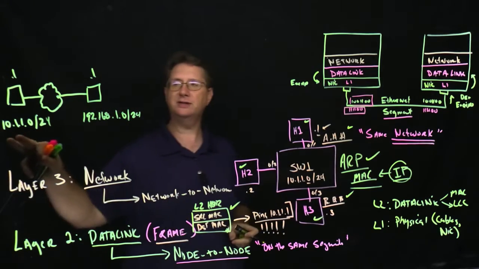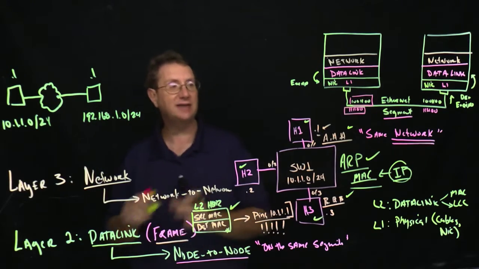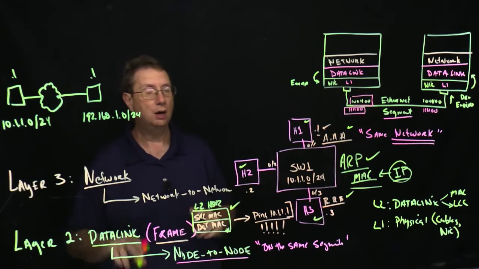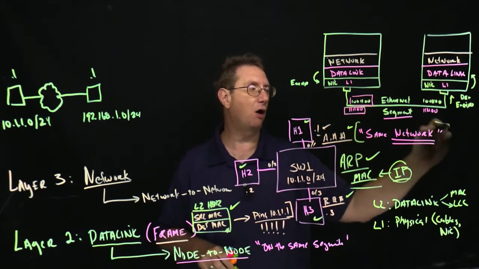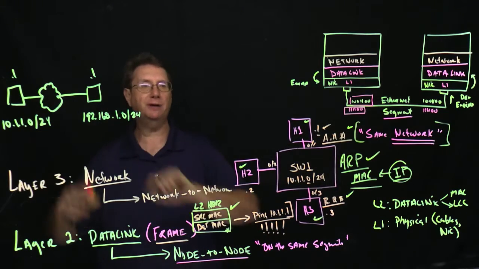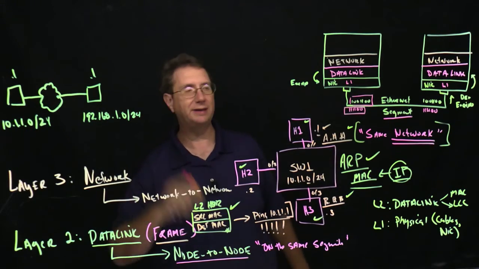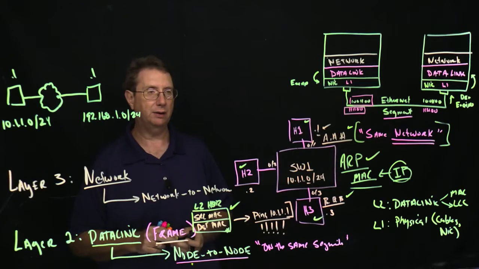Well, the problem here is that these two devices are not inside the same layer 2 domain. They're not part of the same network. In fact, they are members of two separate networks, the 10.network and the 192.network.